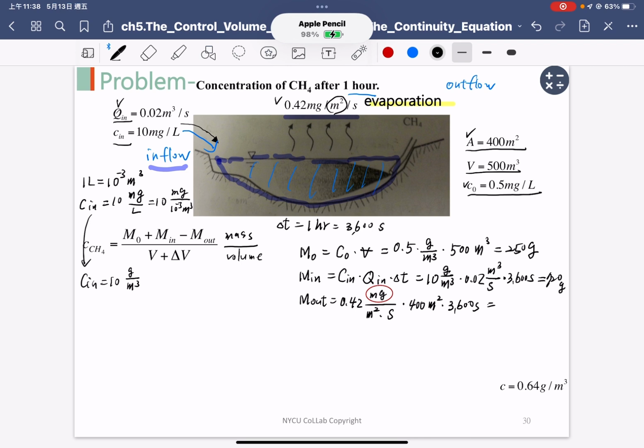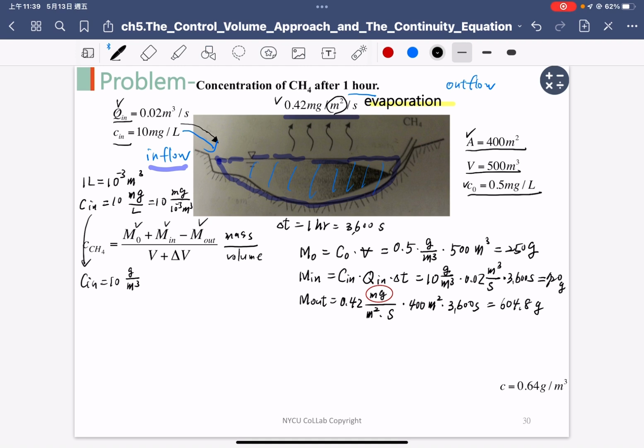You can calculate the answer by your calculator, and I double checked by myself. That will equal 604.8 g.